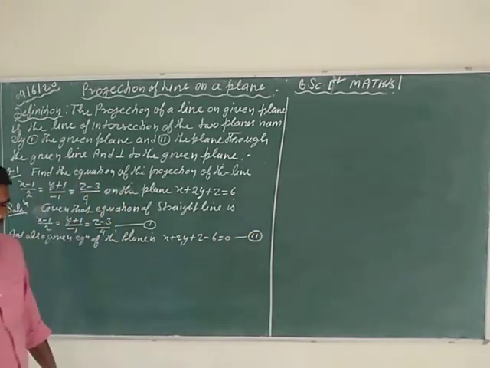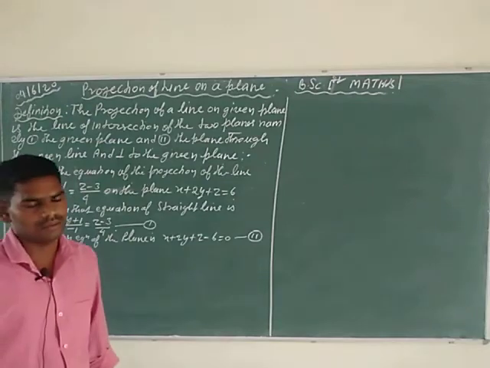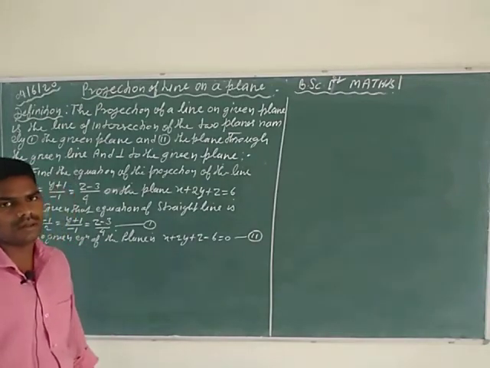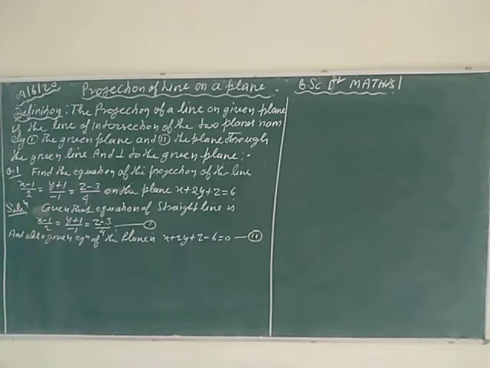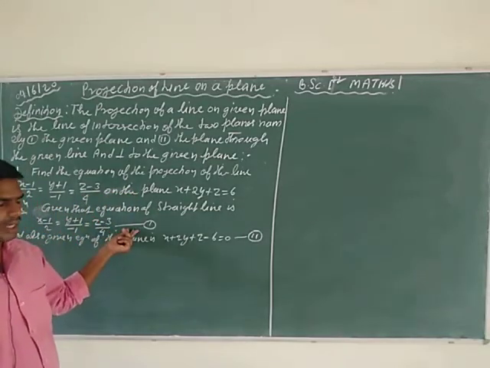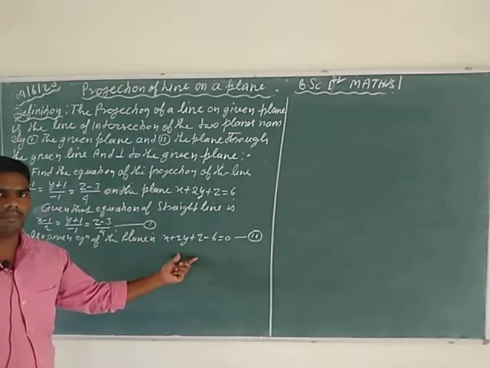So the first equation is the straight line given in the question, and the second equation, also given in the question, is the equation of the plane. Our aim is to find the projection of the first line on the second plane.